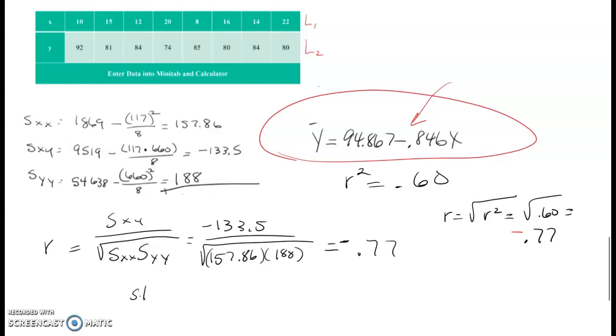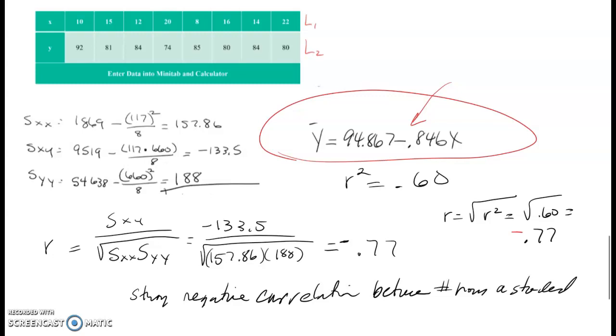We have a strong negative correlation between the number of hours a student studies and their test grade.